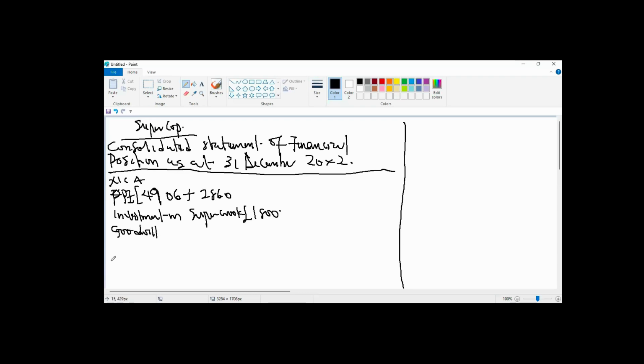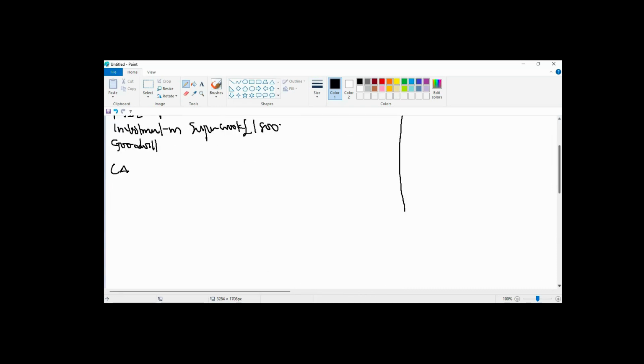After the goodwill, I need to space. Go to current assets. Now the current assets, we have inventories.